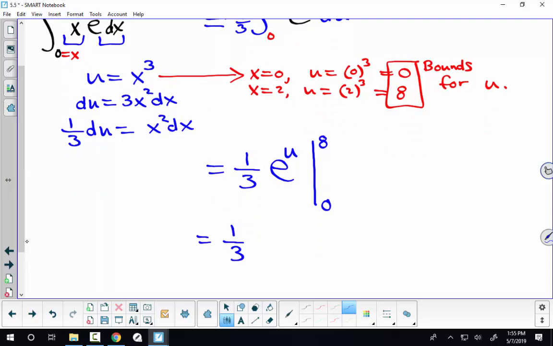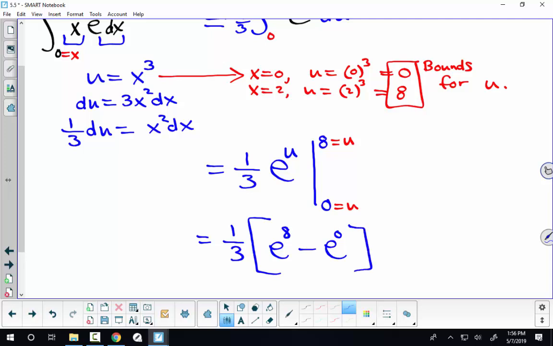So you can leave the 1/3 out of the computation because this is now a u value. 1/3 doesn't involve a u, so we can leave it out, or we could just attach it as it is. It's all the same. So we have capital F of b, e to the 8, minus capital F of a, e to the 0.